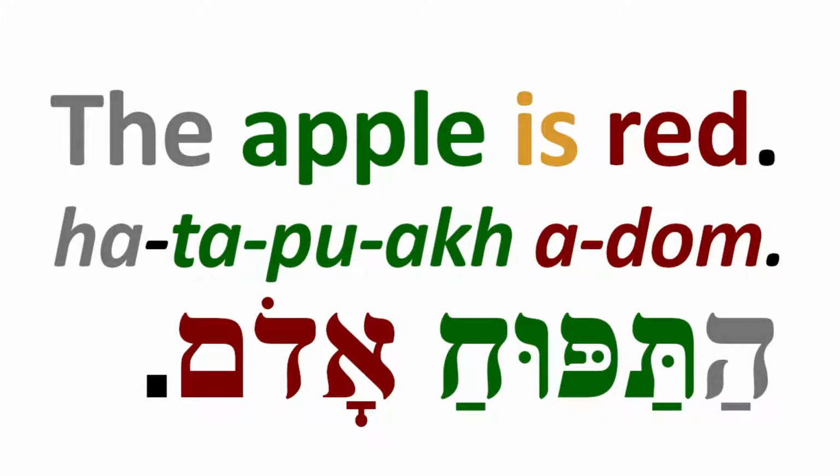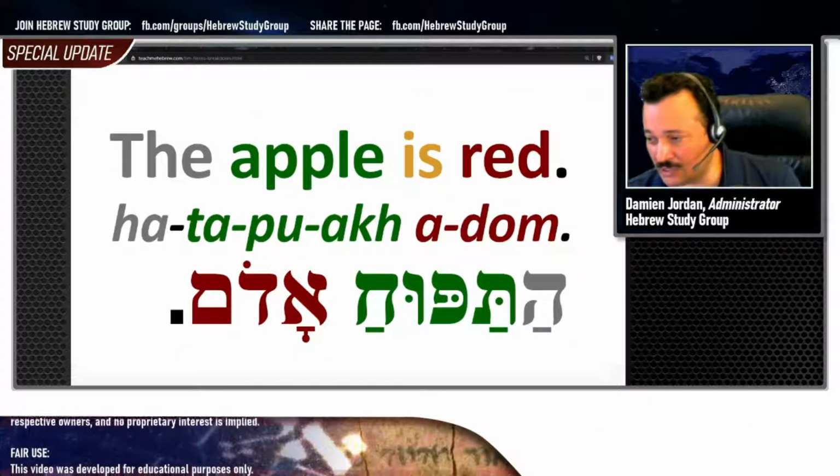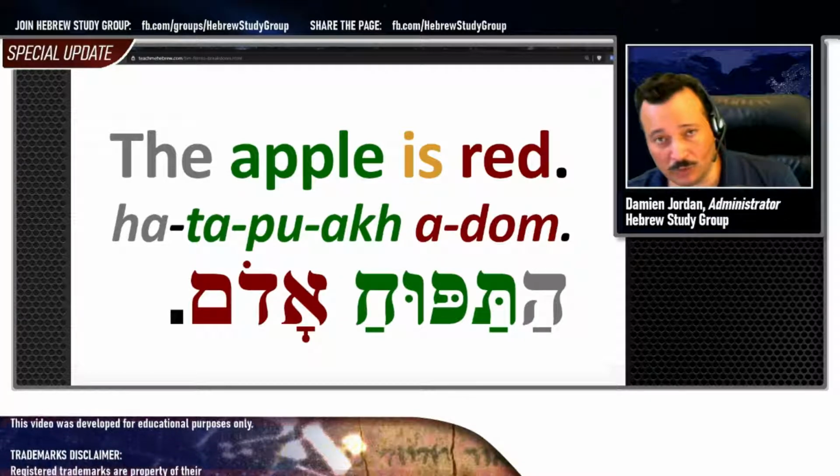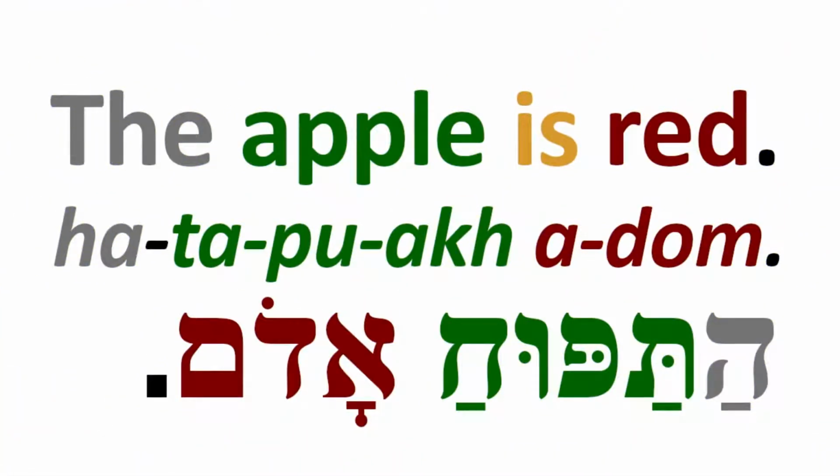Okay, so what we have in the form of the transliteration is the English spelling that shows you how to pronounce the Hebrew words that we see on the far right. Now, this is the pronunciation for the apple is red in Hebrew. Watch what happens. Ha tapuach adom. Now, ha actually means the.